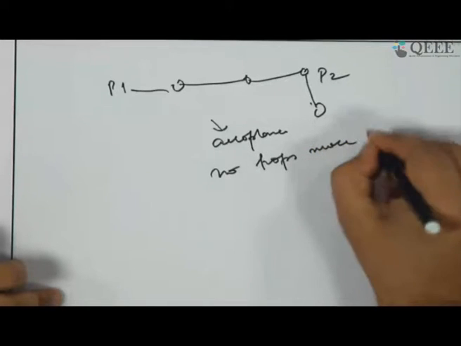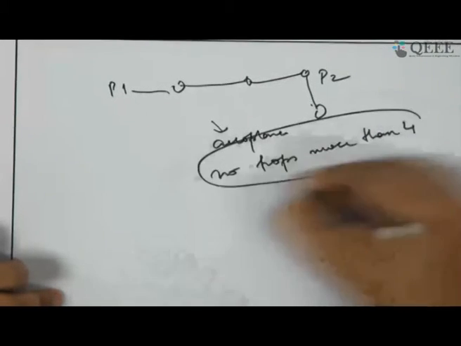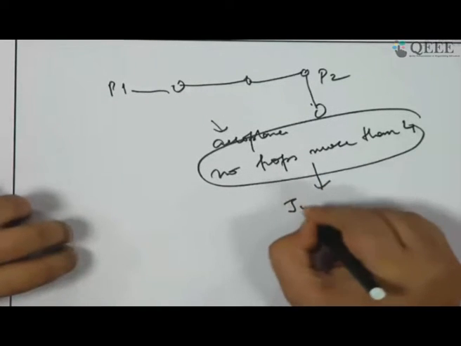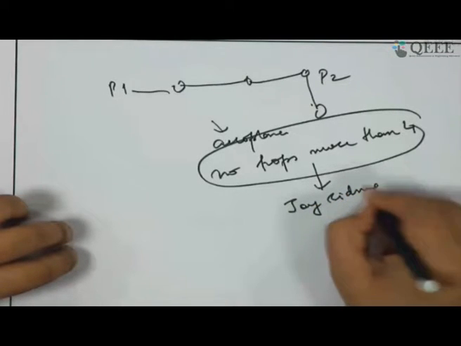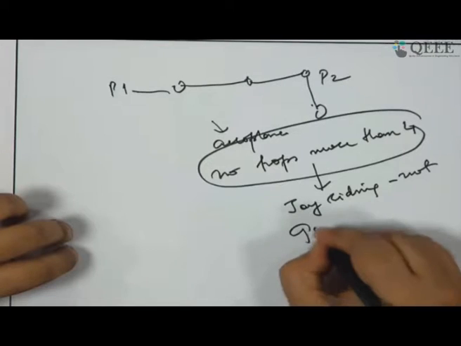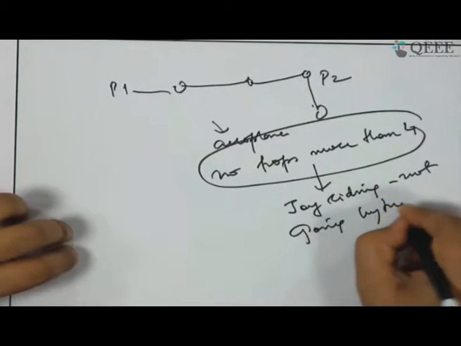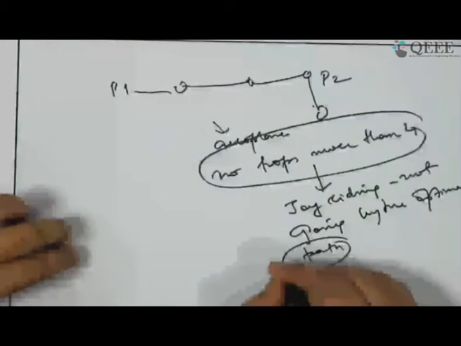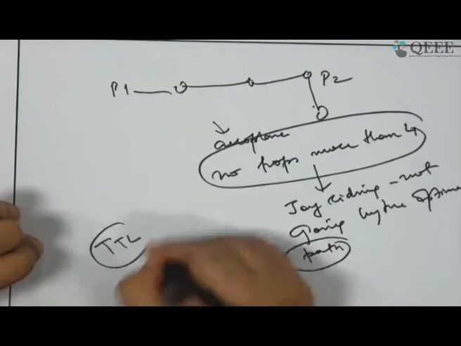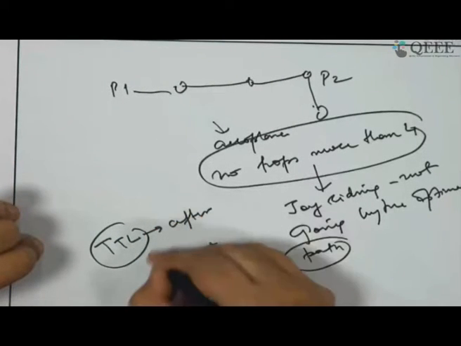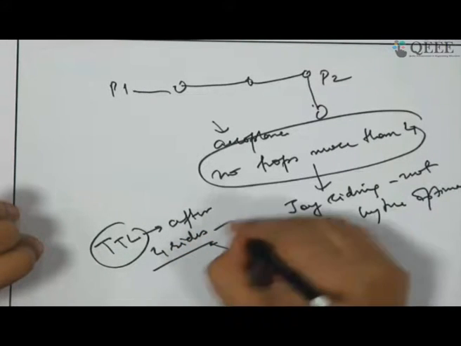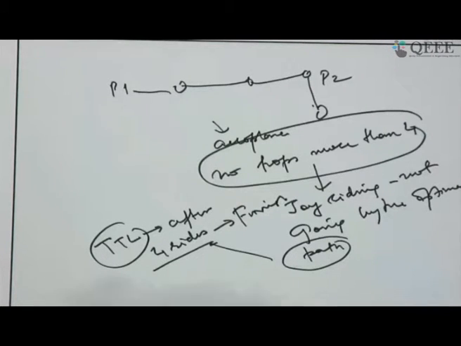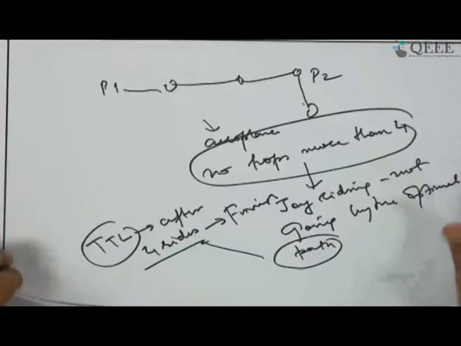Then if you are going by more than 4, basically you are joyriding. You are not going by the optimal path. So, this part is incorporated into this TTL, that after 4 hops it finishes. Okay. So, this is incorporated through the TTL concept.